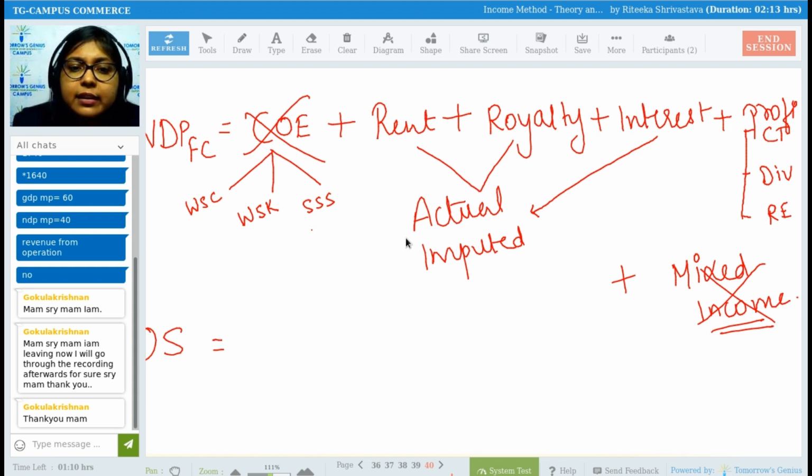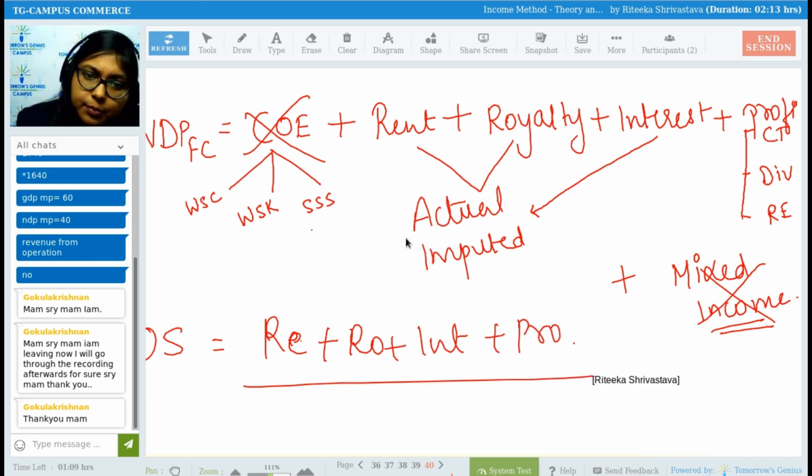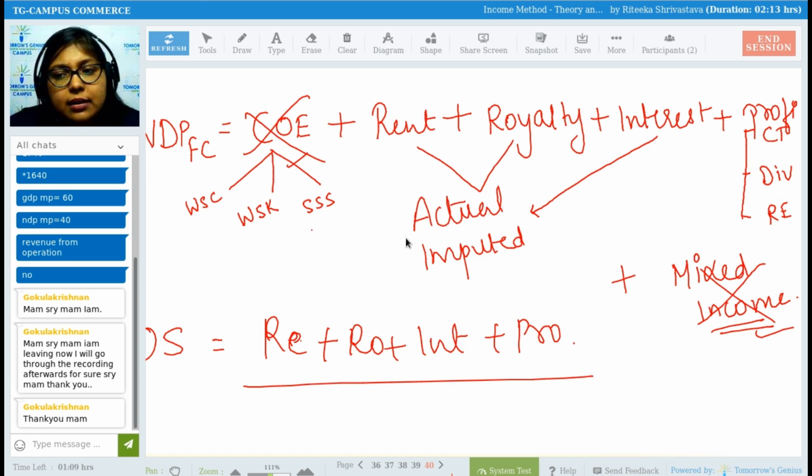The remaining four you have to take, and that becomes your operating surplus. That means rent plus royalty plus interest plus profit is nothing but your operating surplus. You just have to remove COE and mixed income, and the rest remains the same.